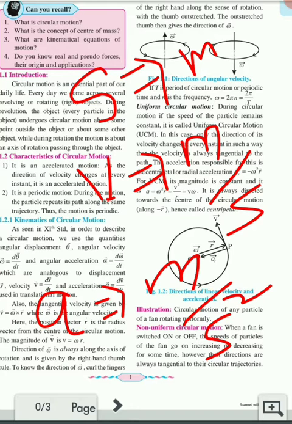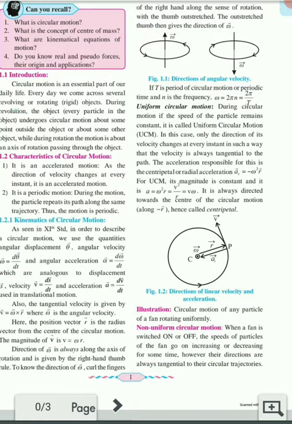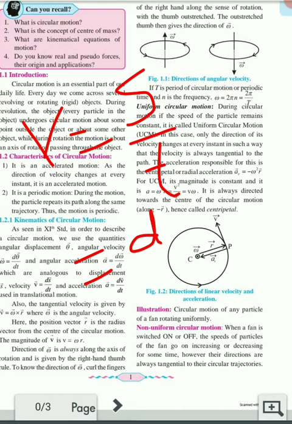Linear velocity is defined as the rate of change of displacement with respect to time. That is, we can write V is equal to S upon T, that is displacement upon time. In derivative form we can write change in displacement with respect to time. So its SI unit is meter per second.